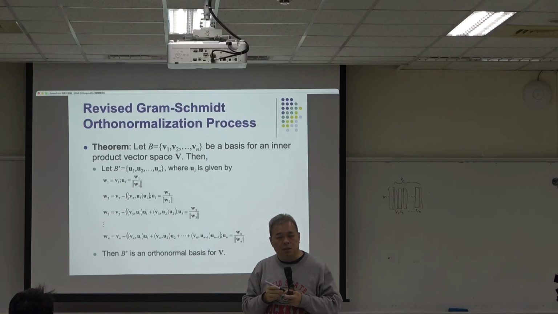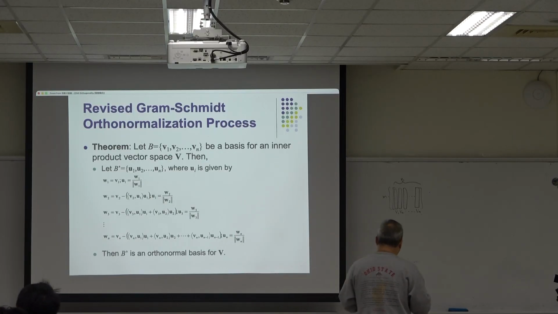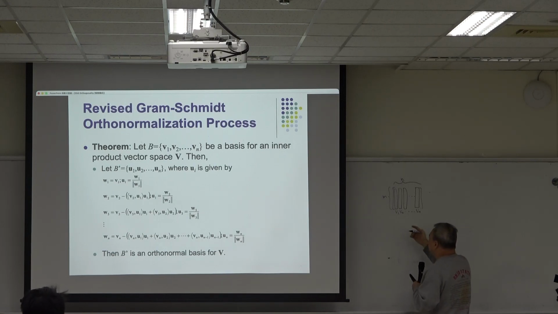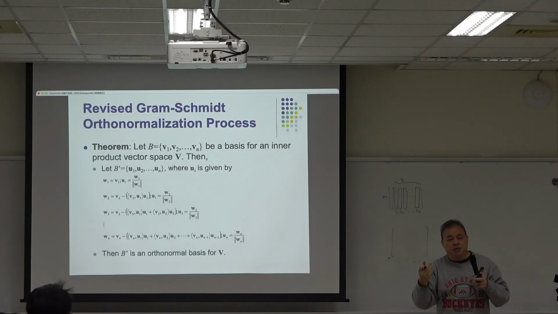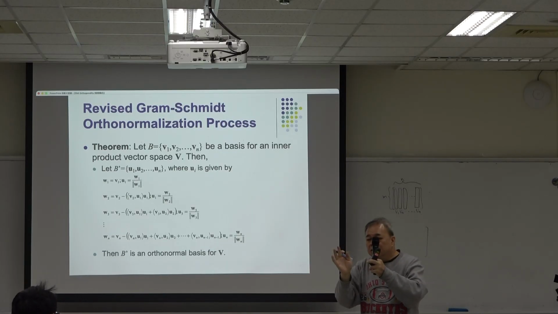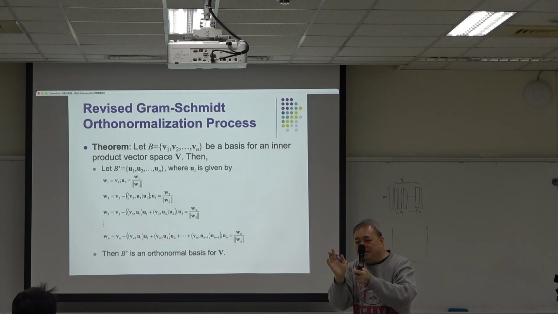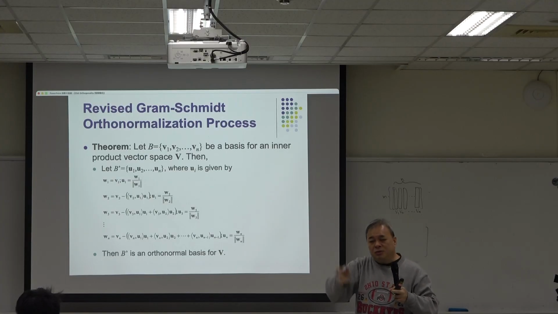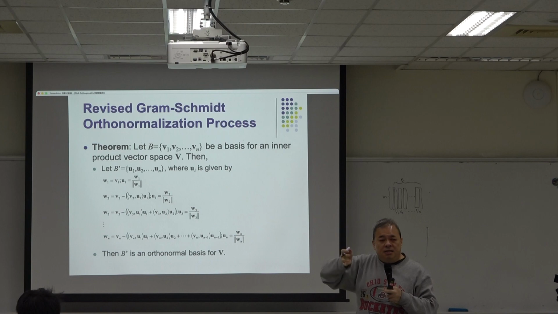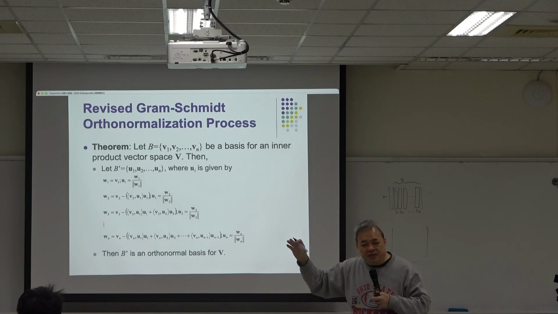Think about this. Let's say eventually you finish the Gram-Schmidt orthonormalization process, and you get U1, U2, U3 to Un.